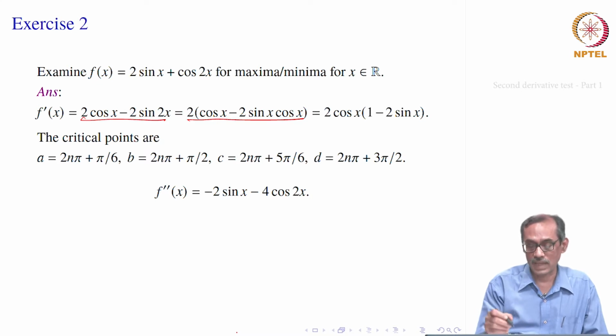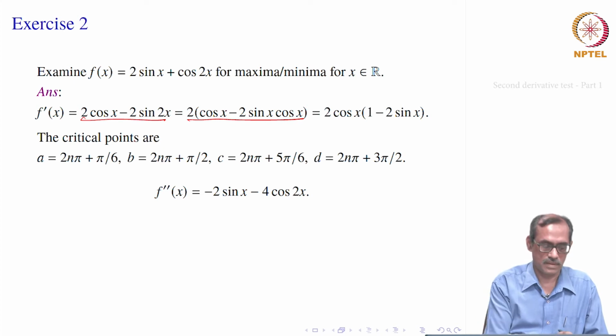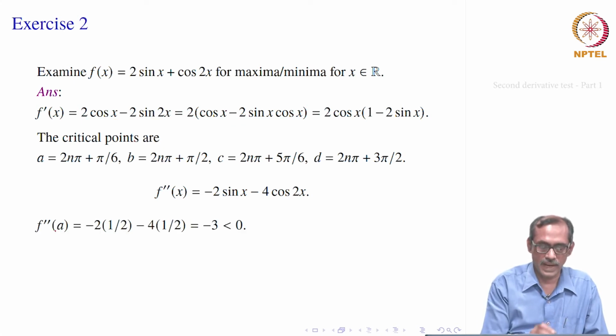Now, you must find the sign of this f double prime at the critical points. Okay. So, at A, it is really not a single point, there are many points, depending on n this A changes. So, at all those points f double prime A is equal to minus 2 sin of that, so that should give half, and minus 4 cos 2x of that, 2 times π/6.